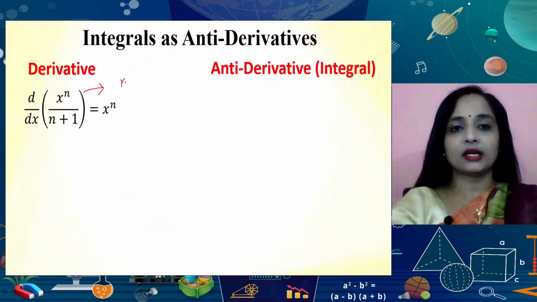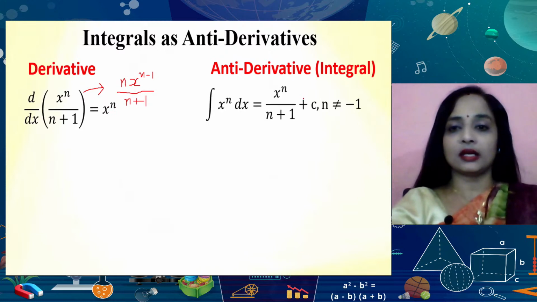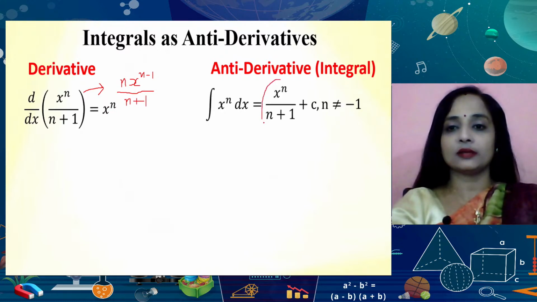You write n plus 1 times x raised to power n, this whole divided by n plus 1. You remember? So this derivative, is it making x raised to power n? Yes. So its antiderivative will be this quantity.